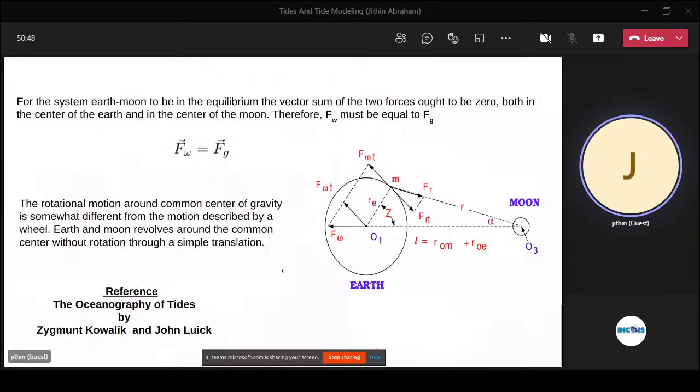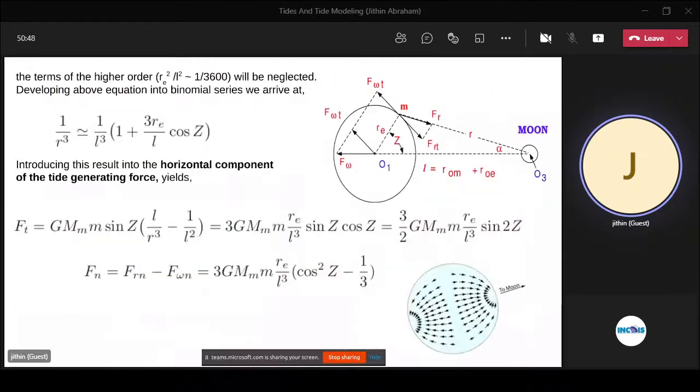The horizontal component of this tide generating force creates the tidal bulges in the ocean, and it can be derived from the equations of the gravitational force and centrifugal force.